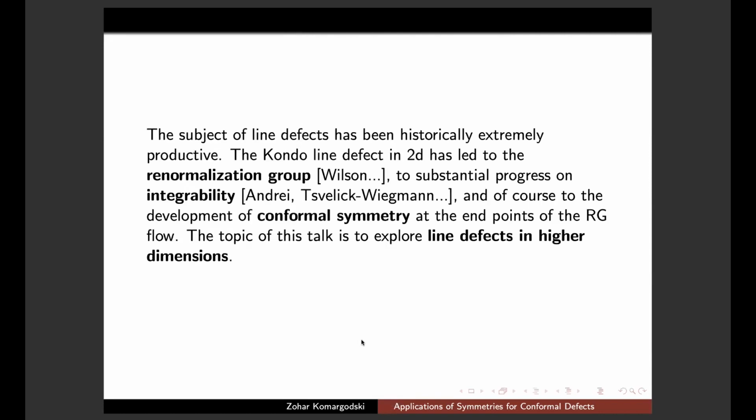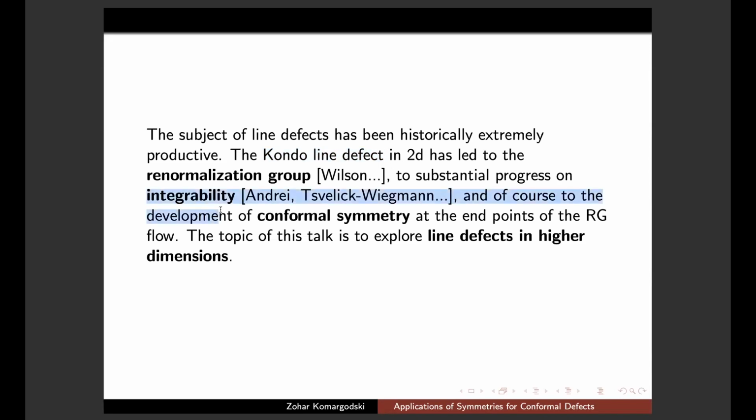So historically, the subject of defects has been very important in the historical development of the field, because Wilson came up with the ideas of the renormalization group thinking about a very particular defect that is called the Kondo defect in 1+1 dimensions. And also defects were one of the first examples of integrability.